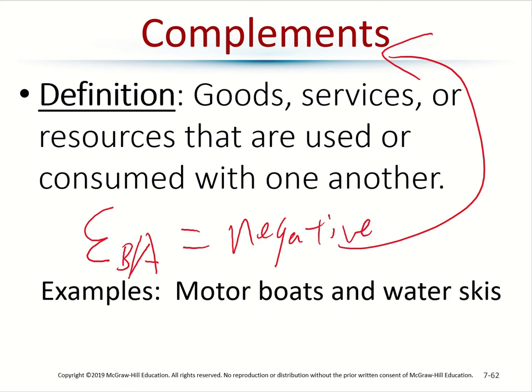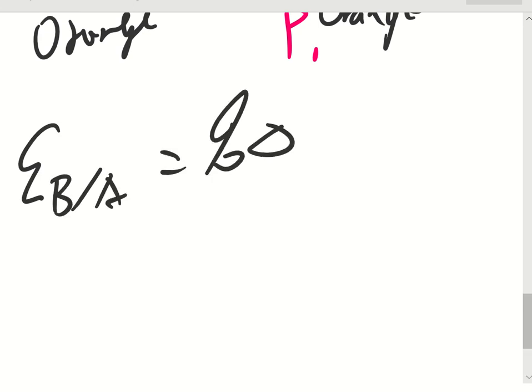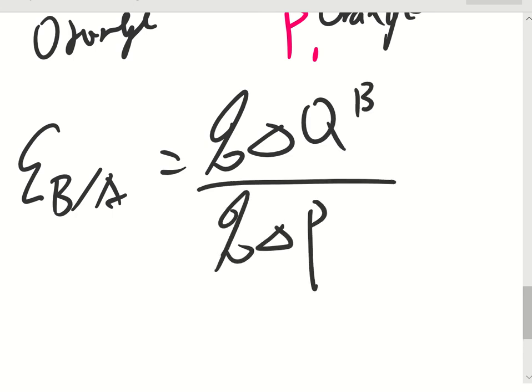Okay, so complement just means you buy them together, and the reason you have a negative elasticity means complements. So let's go back to this formula again. So we're going to use the percentage change in quantity demanded for good B over the percentage change in the price for good A.